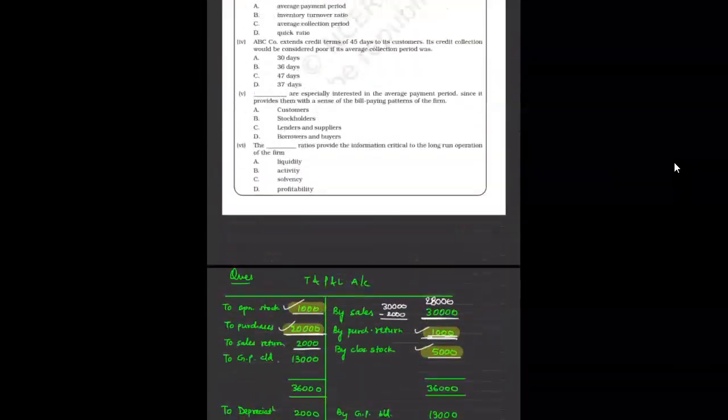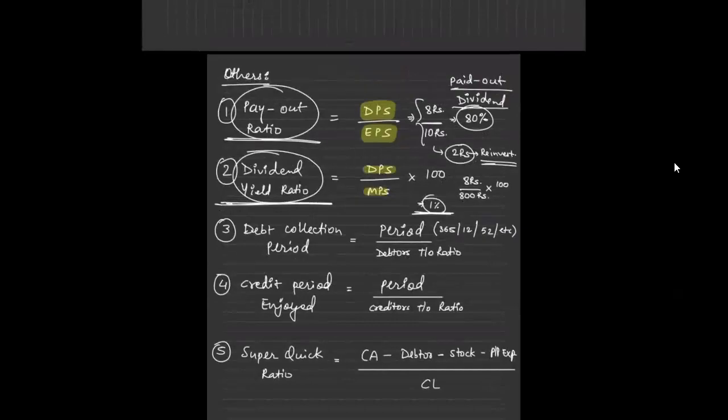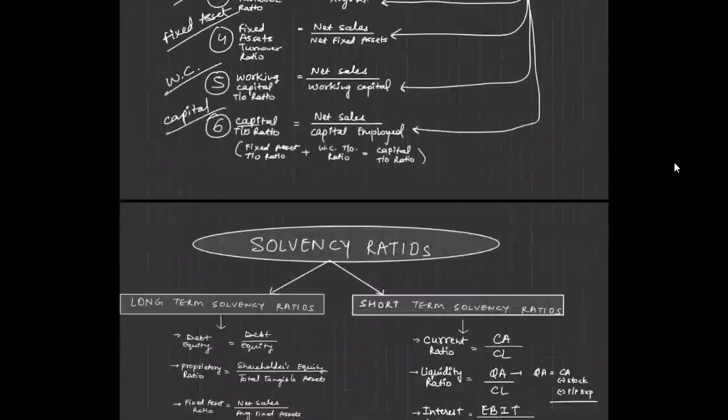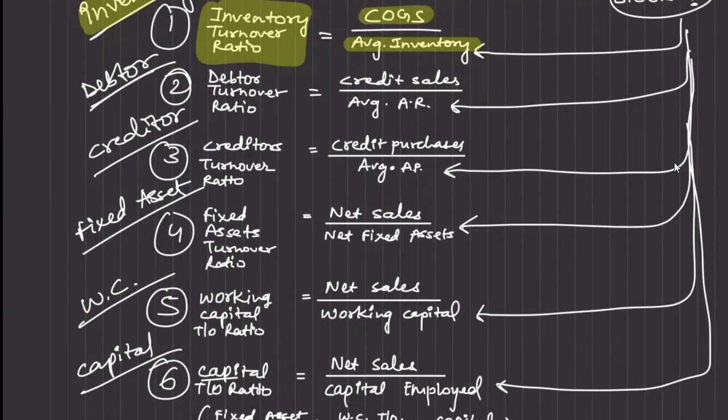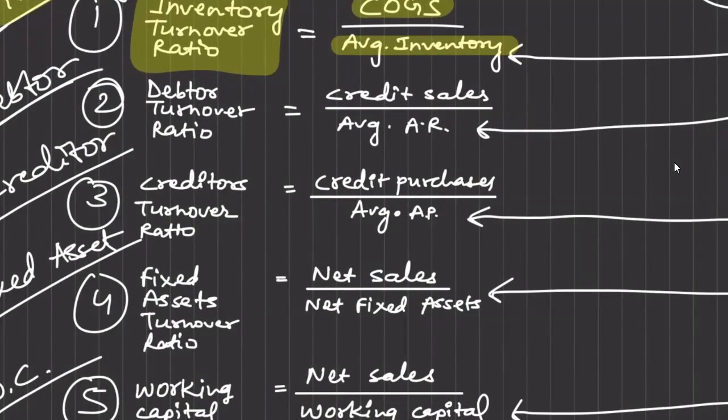In the same way, we are going to calculate your debtors turnover ratio. So debtors relate to your sales, right? Which sales? The credit sales. So in the numerator, we have taken the credit sales divided by average debtors.